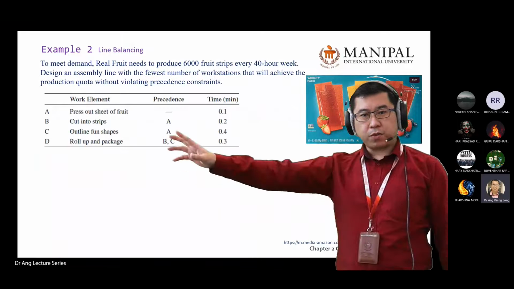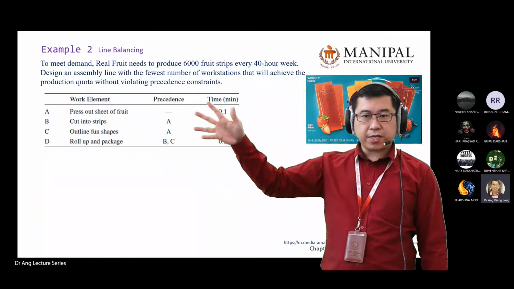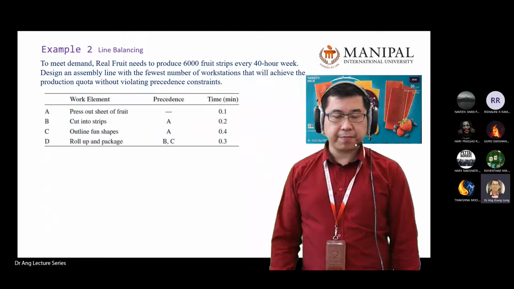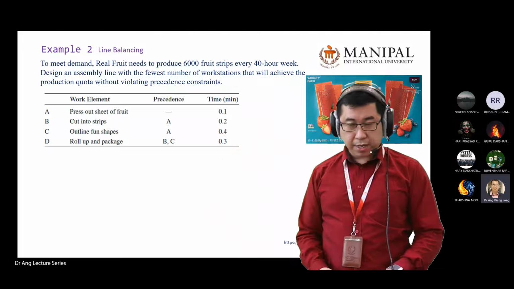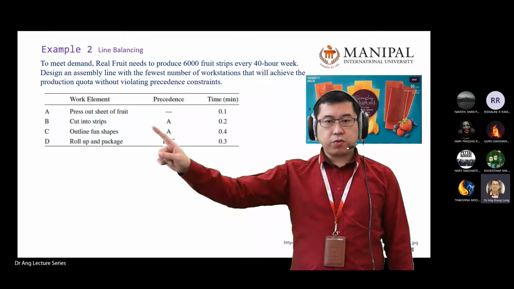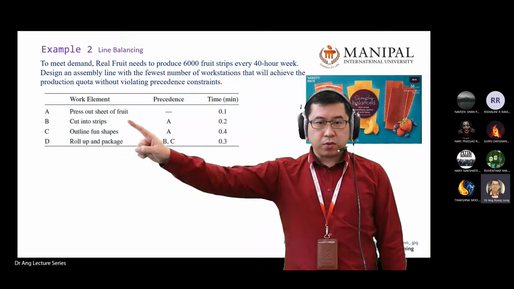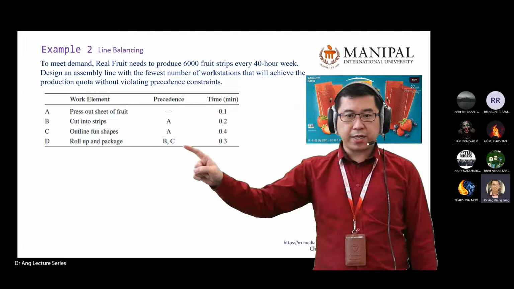So the first step, you will have this precedent table. Convert this table into a diagram, and the time you also include in the diagram. So how do you read this table? You will see processes A, B, C, D, and then the requirement for each process.